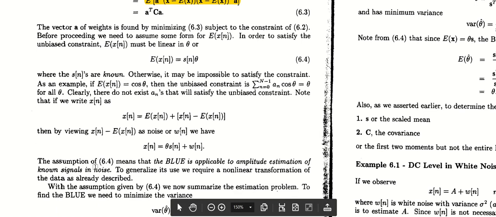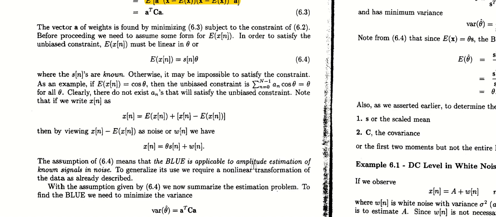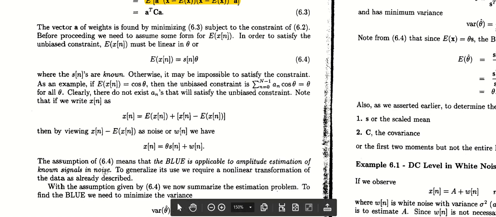The assumption of 6.4 means that BLUE is applicable to amplitude estimation of a known signal in noise. To generalize its use, we require a nonlinear transformation of data, as already described.